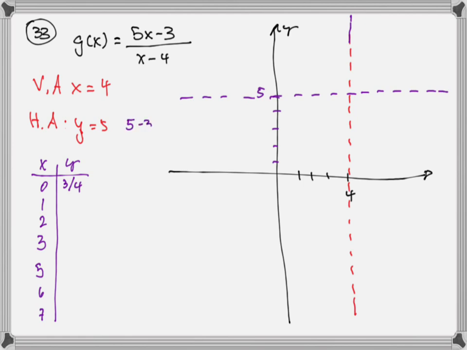Okay, if x is equal to 1, 5 minus 3 over 1 minus 4. 5 minus 3 is 2, and 1 minus 4 is a -3. So -2/3. If x is 2, we have 10 minus 3, which is 7, over -2. Yes.